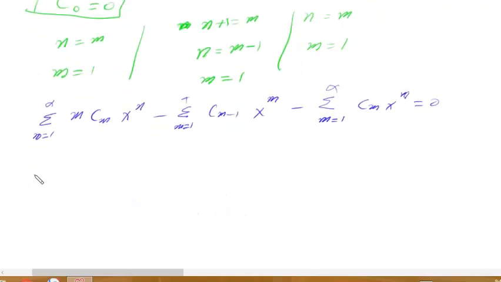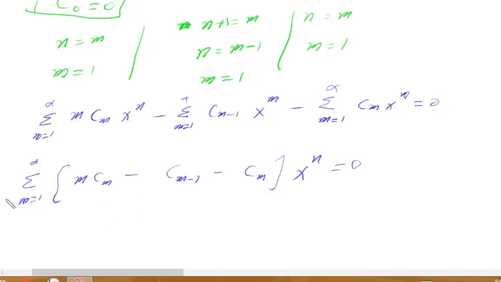Then we take the summation from m = 1, with x^m common: m c_m minus c_(m-1) minus c_m.